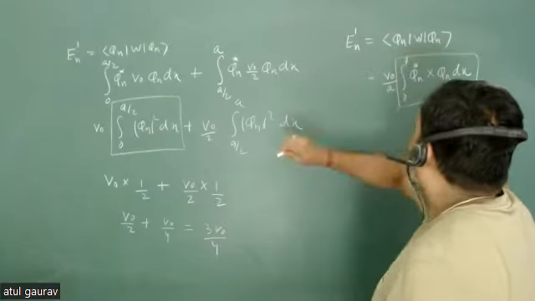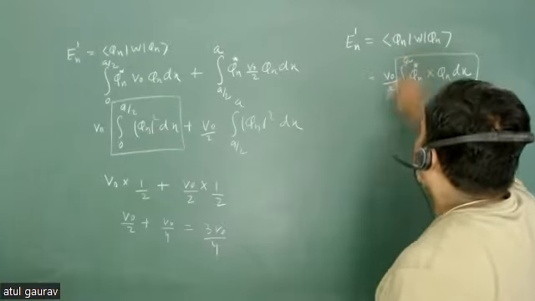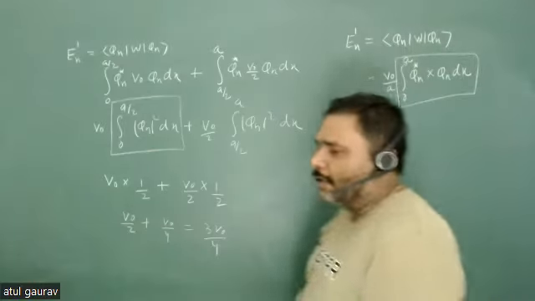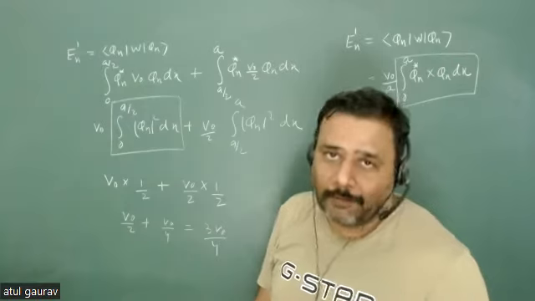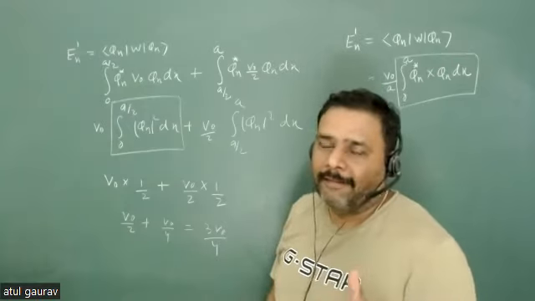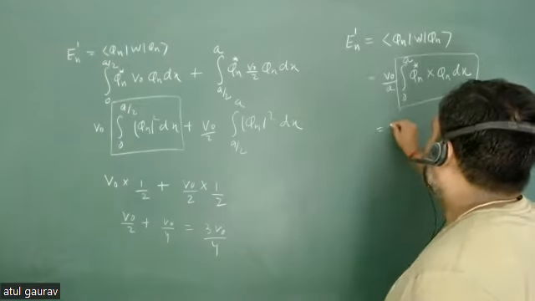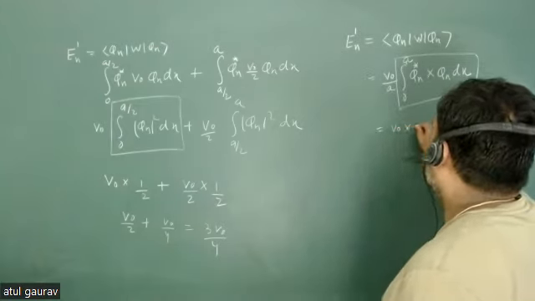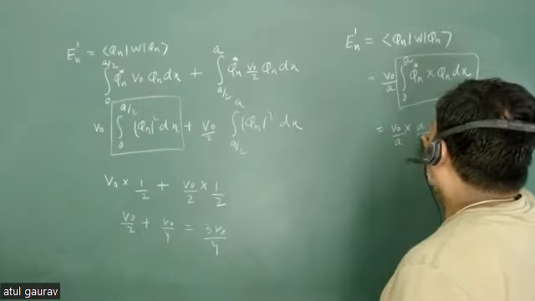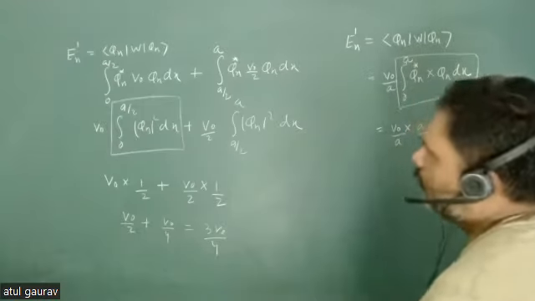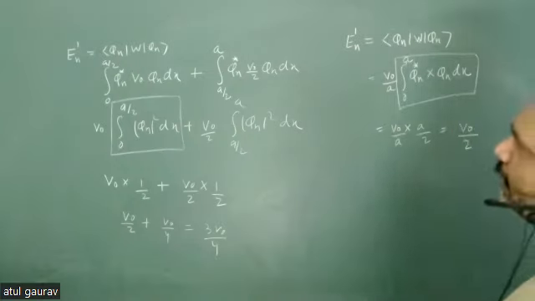Can we say what is this particular integration? A by 2. This is nothing but the expectation value of x in the nth state, and that is a by 2. Clear here? Yes, sir. So this is V naught into 1 by a into a by 2, and that value is equal to V naught by 2. Is this clear? The second question is also done.